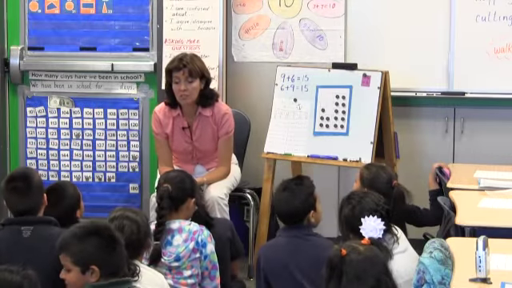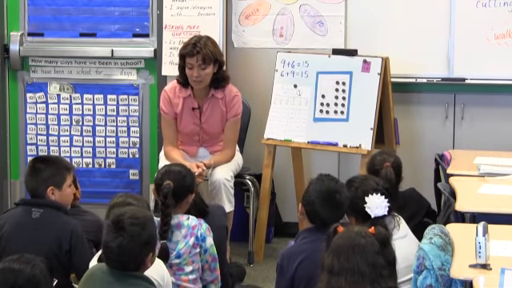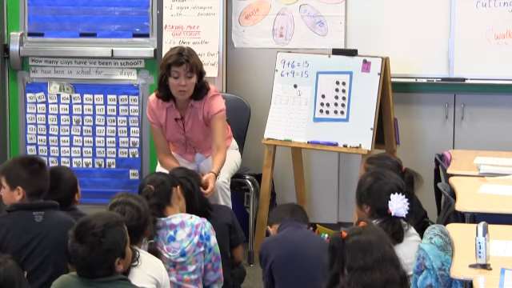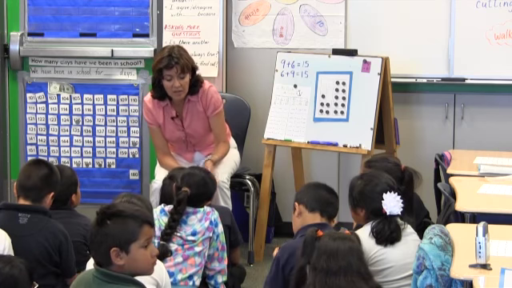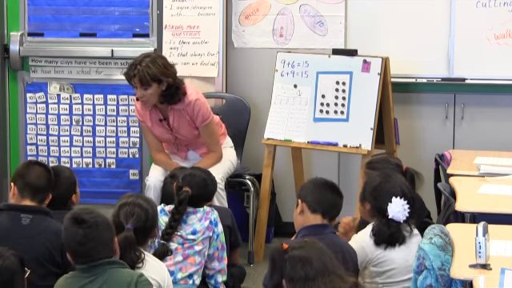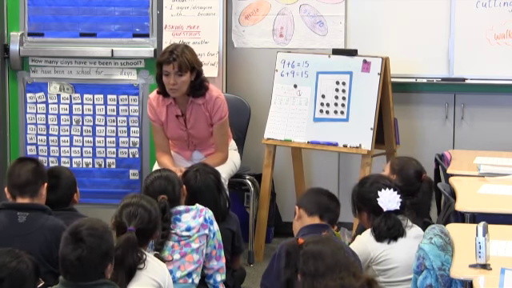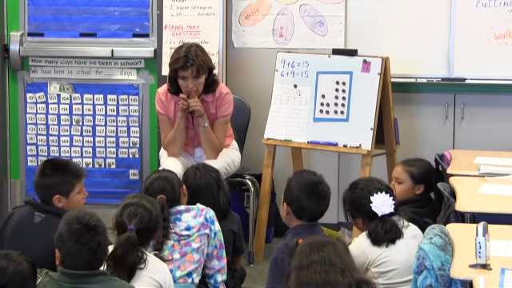Now it's your turn to do the work. I explained it to you. You understood it. You proved to me that there are different ways of seeing it and getting to the right answer. So now you're all going to go to your desks with your math partners.